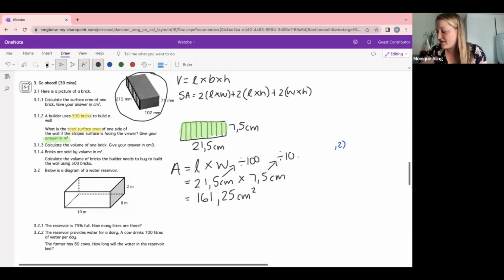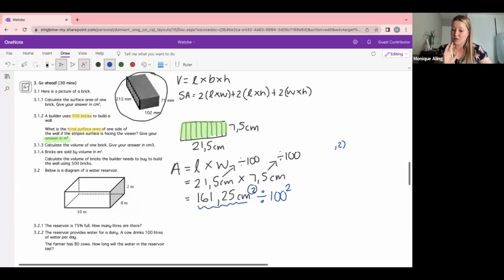Another way you can do it, which is a little bit more complicated, is that you get to the step we are at, and we want to go from centimeters squared to meters squared. So we follow the same conversion. We say divide by 100, as we normally would for centimeters to meters. But because it's centimeters squared, my conversion is going to be 100 squared.